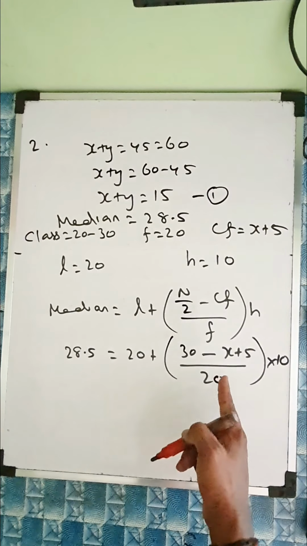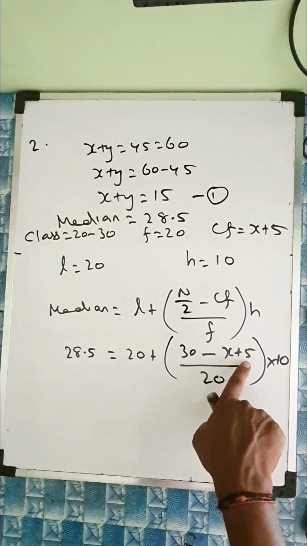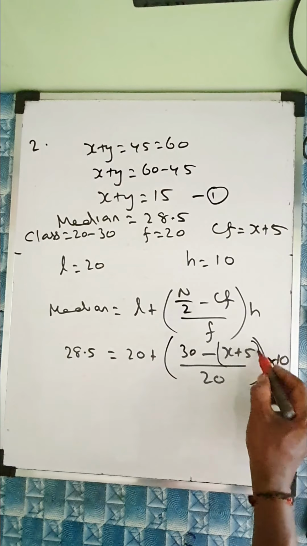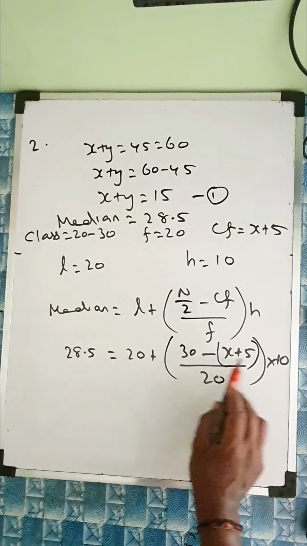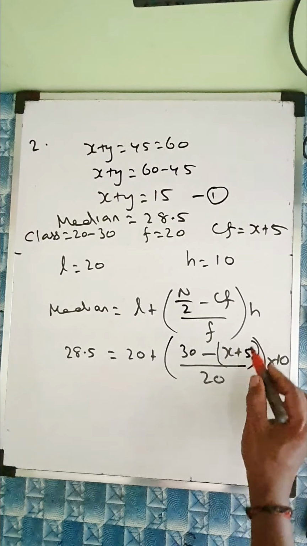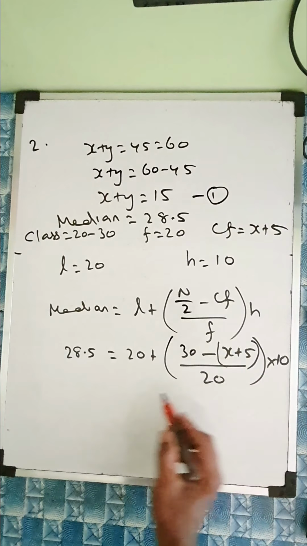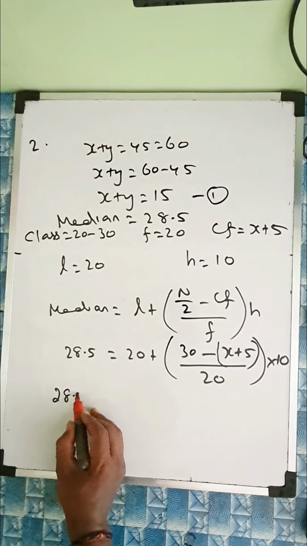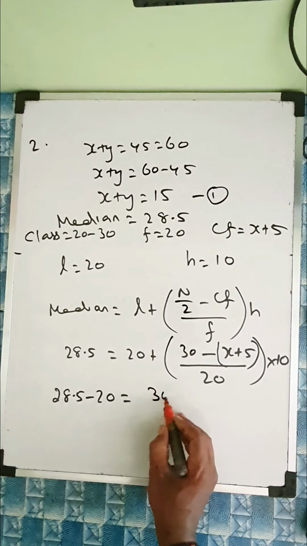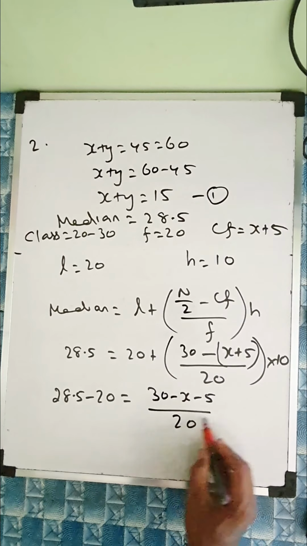Suppose I didn't put the bracket, I'm just showing you. Without the bracket, it is 30 plus 5, that's 35, and then minus x. But if we put the bracket, it will be minus 5, so 30 minus 5 will be 25. So the number will completely change. That's why we need the bracket, because x plus 5 has two terms, so we have to put the bracket. Now 28.5 minus 20 equals 30 minus x minus 5, by 20, into 10.